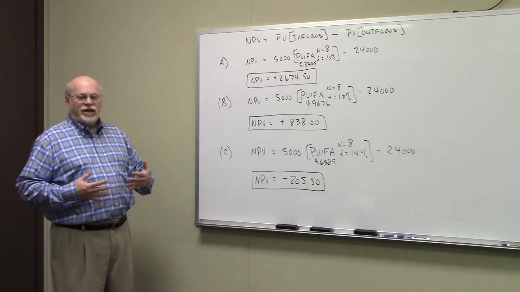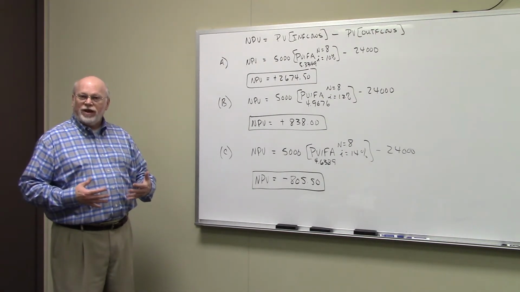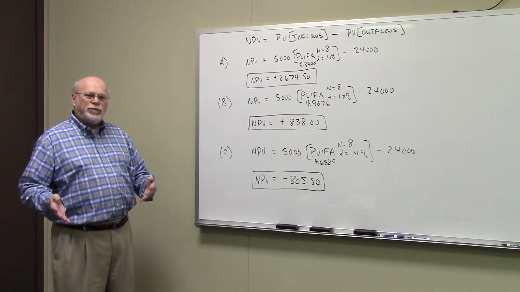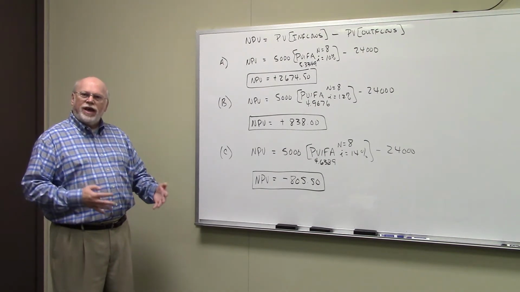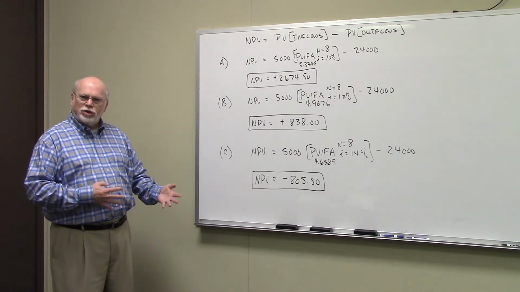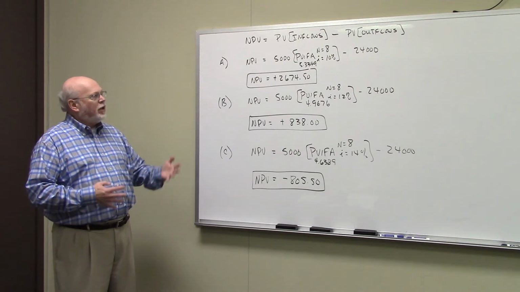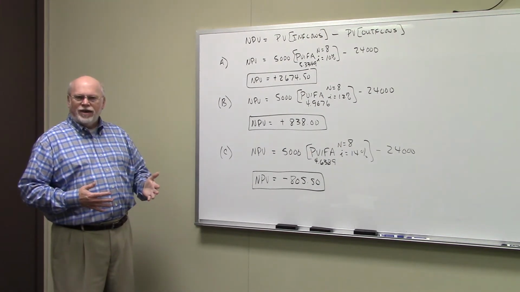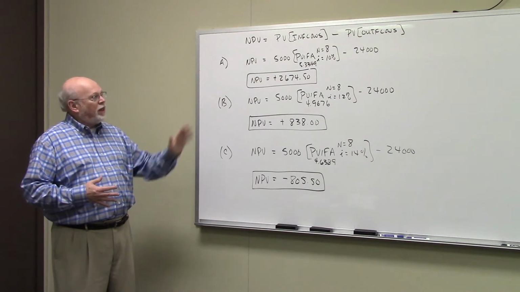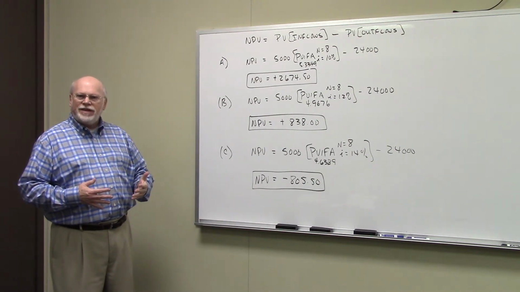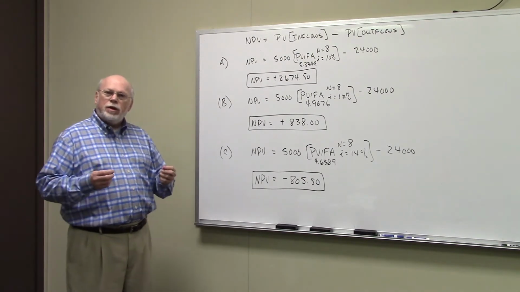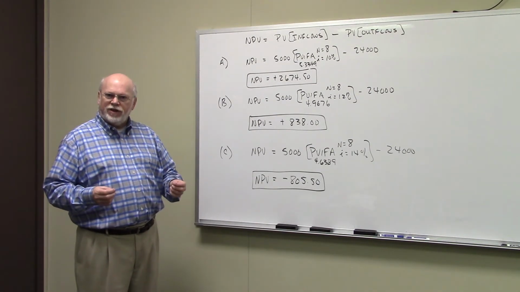In this case, we're going to invest $24,000 into this machine, and we expect it to generate after-tax cash inflows, which are the relevant cash flows you want to look at: $5,000 a year for 8 years. In the A part, they give us a cost of capital of 10%. That 10% is your minimum acceptable return on the investment.